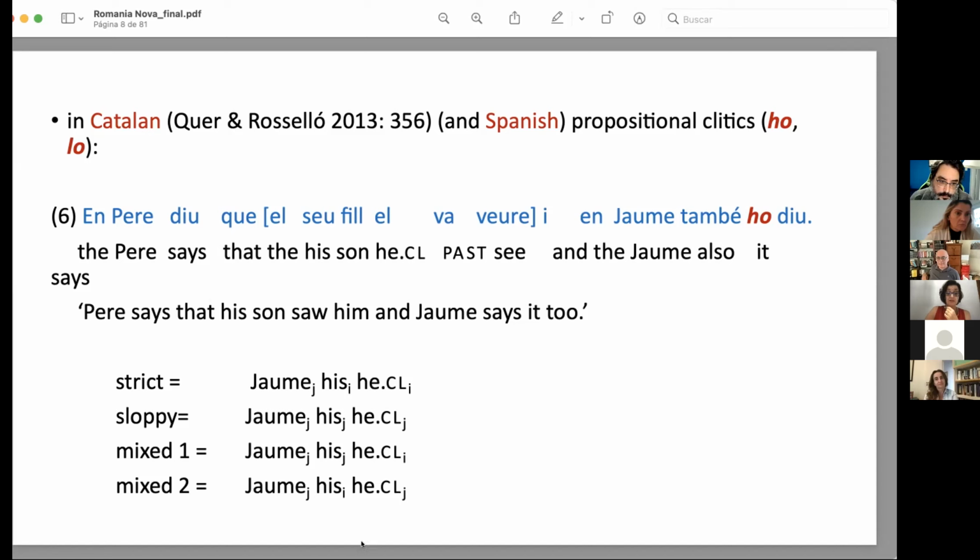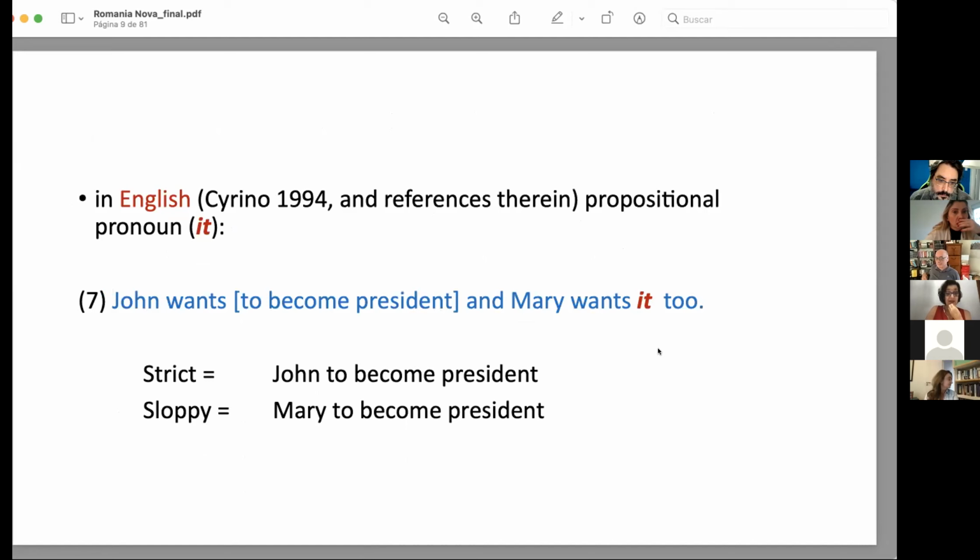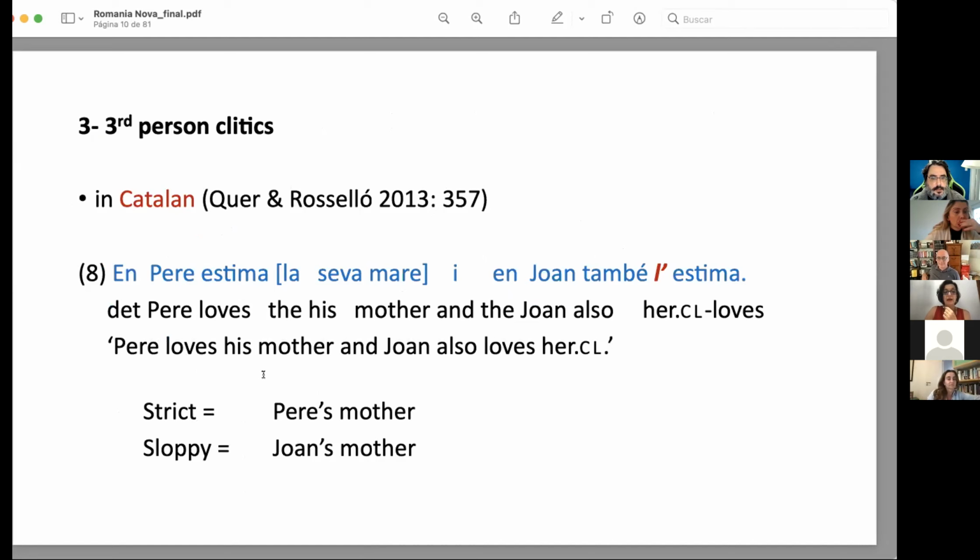And also mixed readings. This is what Quer and Rosselló report. In English, we have the propositional clitic it that also can, in sentences like this, John wants to become president and Mary wants it too, have a strict and sloppy reading, according to Kehler a long time ago. And then in third-person clitics, we have Catalan, we have just seen this, right?